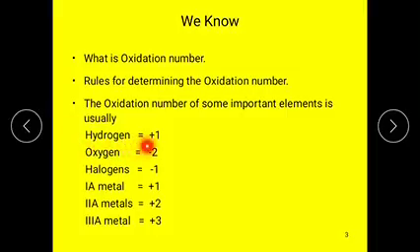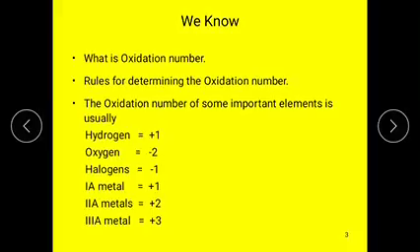Usually, the oxidation number of hydrogen is +1, but in metal hydrides, the oxidation number of hydrogen is taken as -1. For example, in sodium hydride, the hydrogen oxidation number is taken as -1.